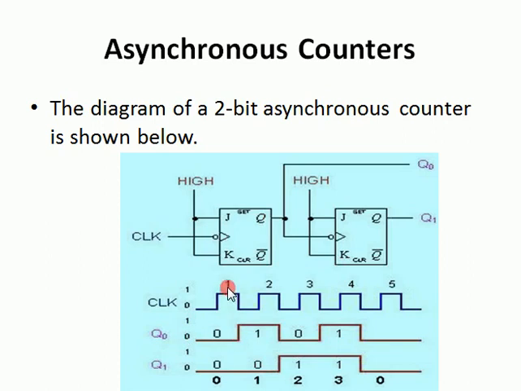Now the change will occur when there is the falling edge. So when the falling edge is here, the change will occur. As toggling is occurring here, the next value will be the complement of this, and the complement of 0 is 1. So that's why 1 is here.